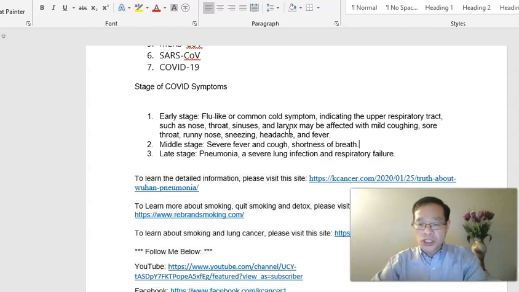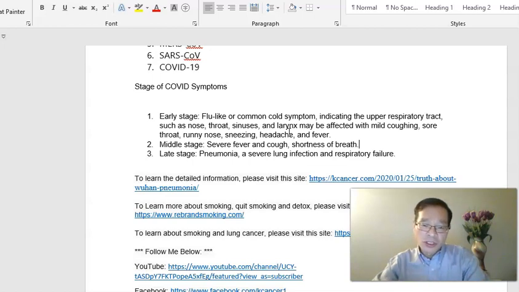The early stage has flu-like or common cold-like symptoms. In that stage, the virus just replicates in the upper respiratory tract, like the nose, sinuses and larynx, and mainly causes mild coughing, sore throat, runny nose, sneezing, headache, and moderate fever.